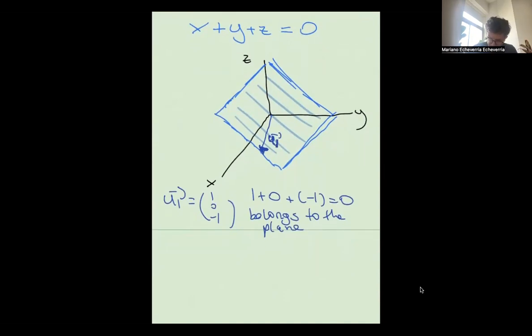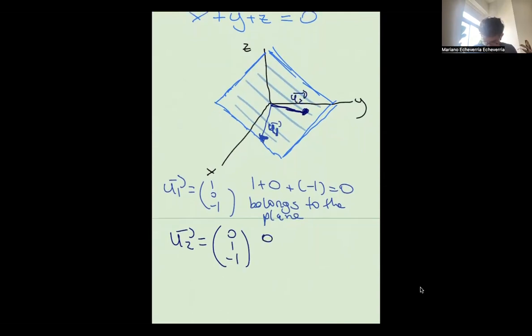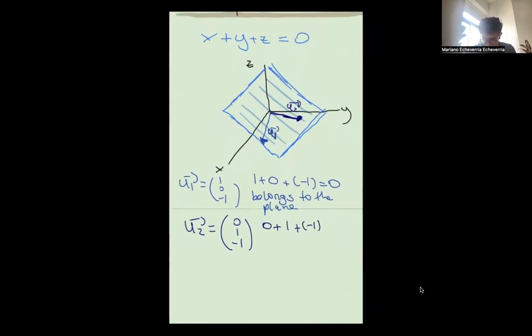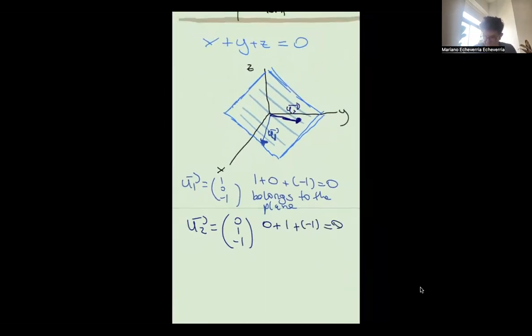And let's take another vector like that. If I take u2 to be 0, 1, negative 1, it looks somewhere in here. Here's u2. And 0 plus 1 plus negative 1 gives you 0, so it satisfies the condition of belonging to the plane.